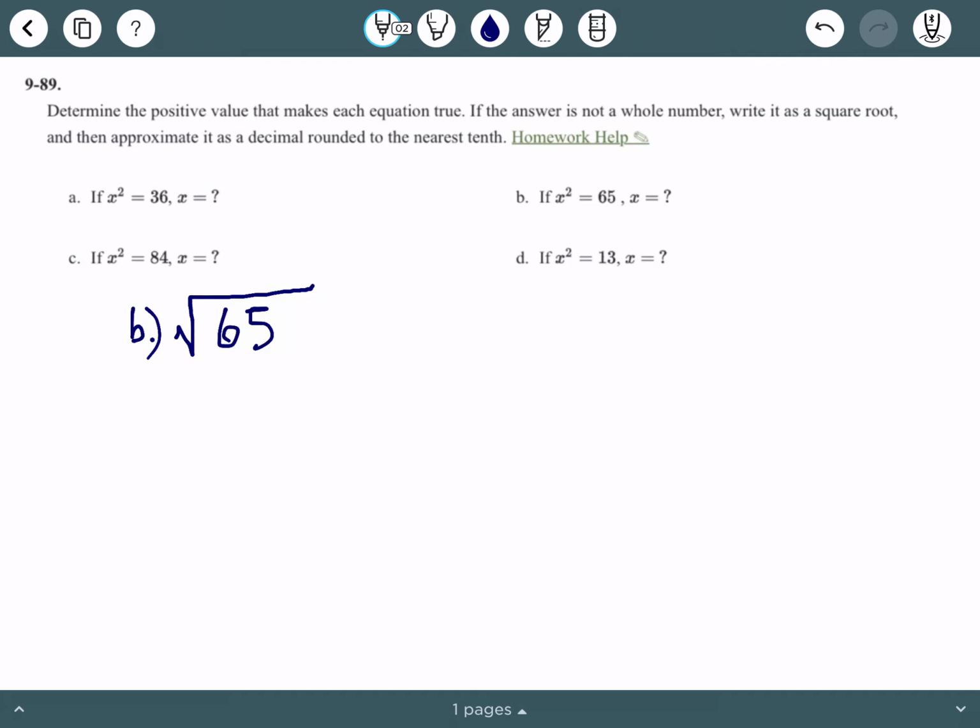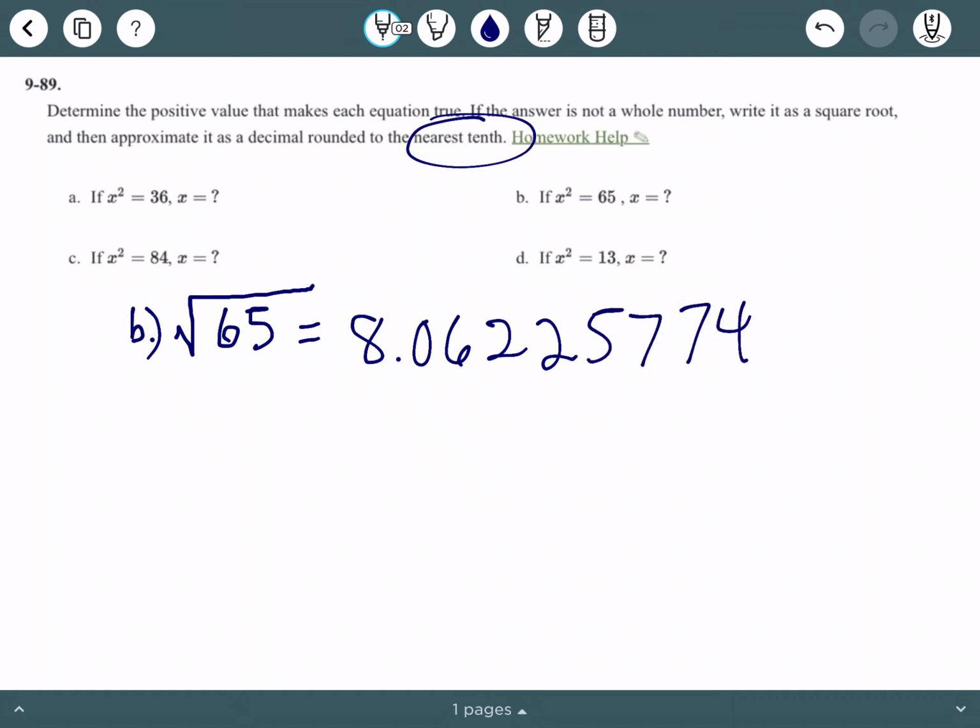And when I put it into my calculator, I get 8 and quite a few decimal places after that. There's nothing repeating, so keep in mind we do need to round to the nearest tenth. What I get is 8.0622577748.